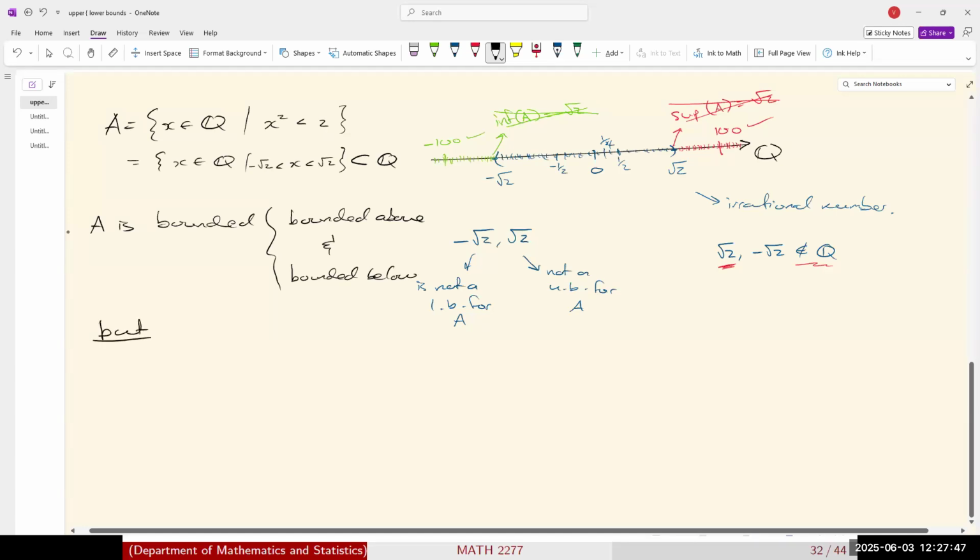But A does not have any supremum or infimum. Okay, so here's an example of a set that is bounded both above and below, but it does not have these elements. These elements do not exist within the field, so I cannot choose them.